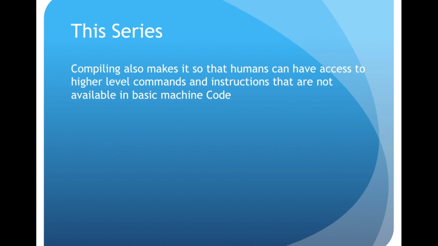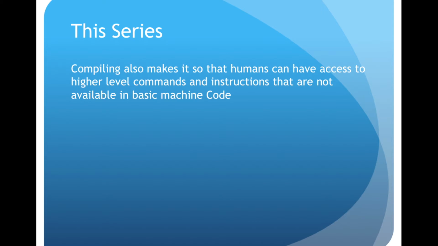Anyway. So now let's talk about what we're going to be doing in this series. Now that we understand that we have this problem in terms of compiling between computers and humans, the thing is that we don't just have to code in, to put it one way, human speak.